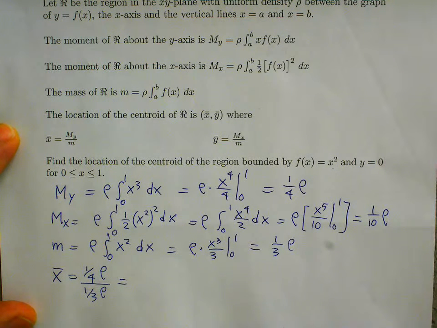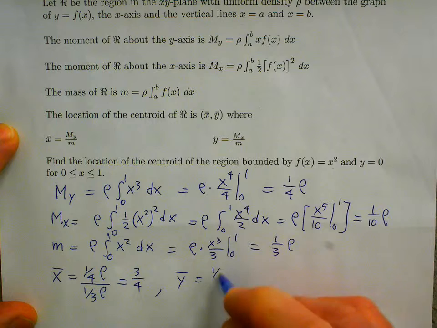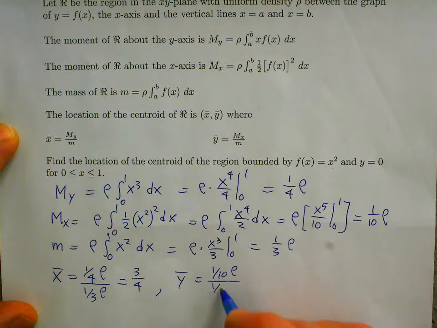The rhos cancel, and 1/4 divided by 1/3 is just 3/4. And y bar, the y coordinate of the centroid, this is m sub x divided by m, so 1/10 times rho divided by the mass, 1/3 rho. The rhos cancel, 1/10 divided by 1/3 simplifies to 3/10.